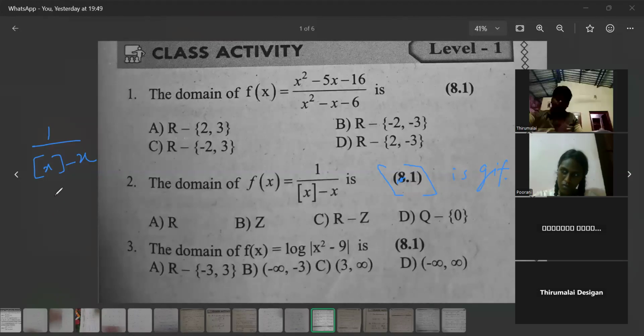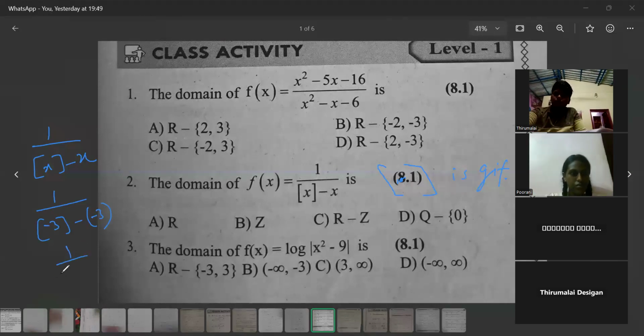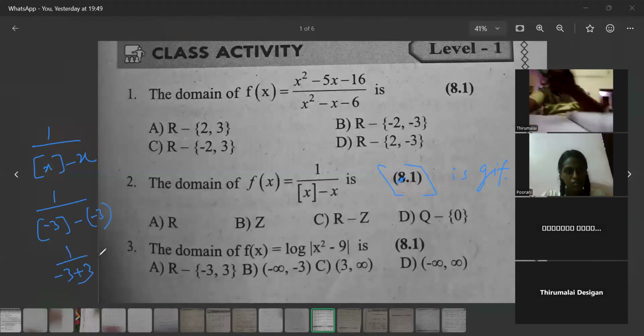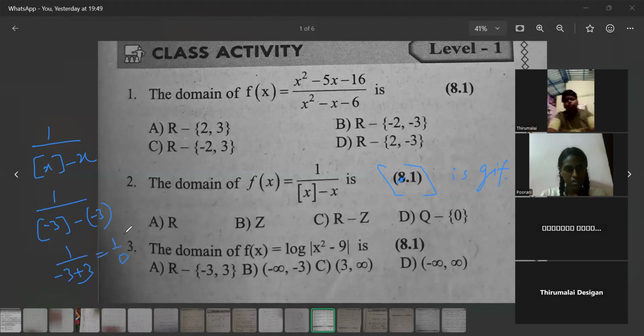If I take x equals minus 3, then minus 3 minus box of minus 3, you will get minus 3 plus 3, so this becomes 1 upon 0, which is undefined. Whenever this part is 0, the expression becomes undefined.